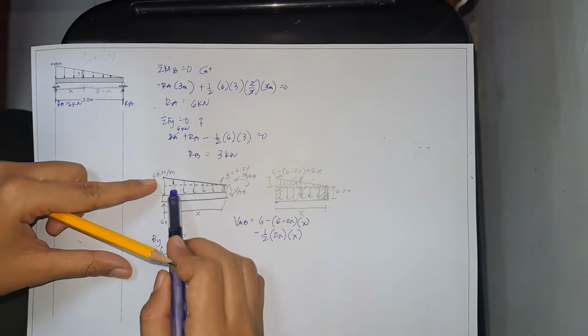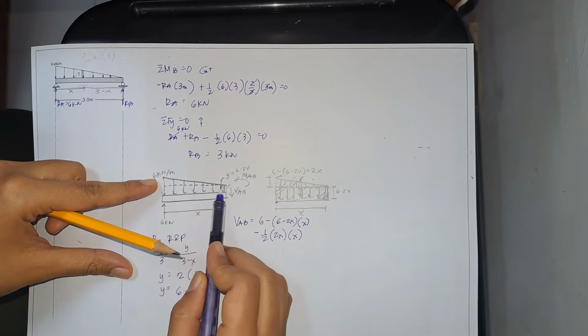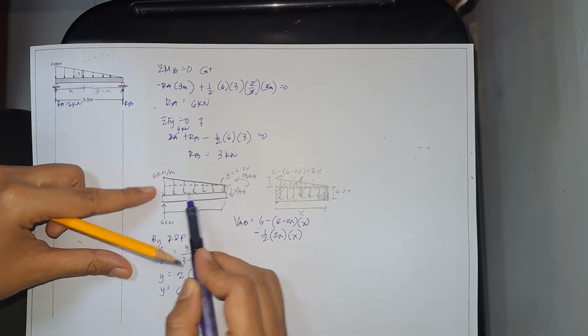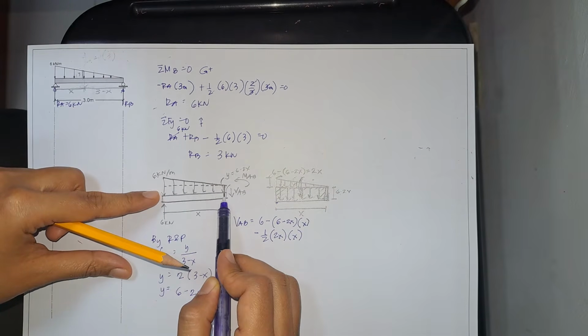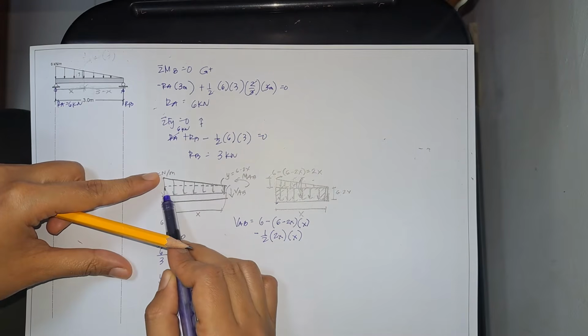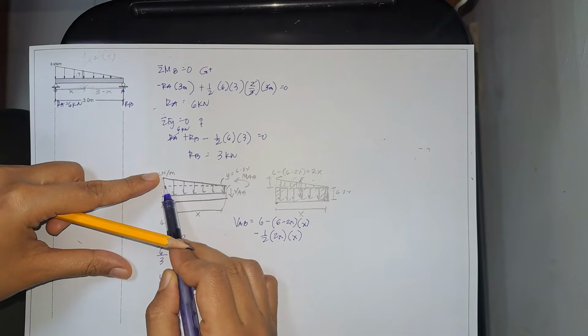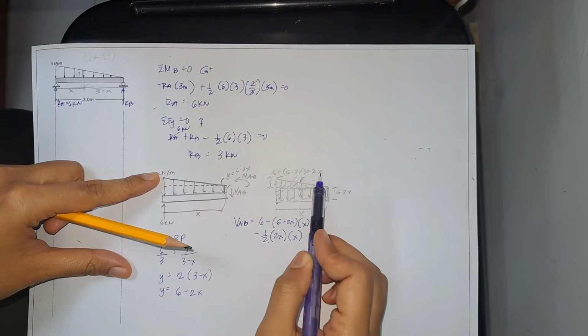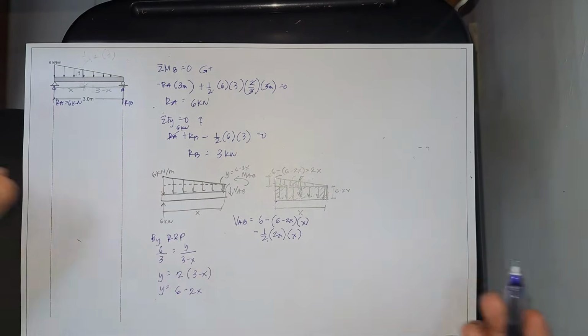Tapos, ito naman yung area ng ating rectangular loading. So, meron tayong 6 minus 2x multiplied by x. Tapos, yung isa, rectangular or triangular loading, kunin mo lang area ng triangle. So, we have 1/2. Tapos, ang natira dito is 2x, and then we have here the length of x.